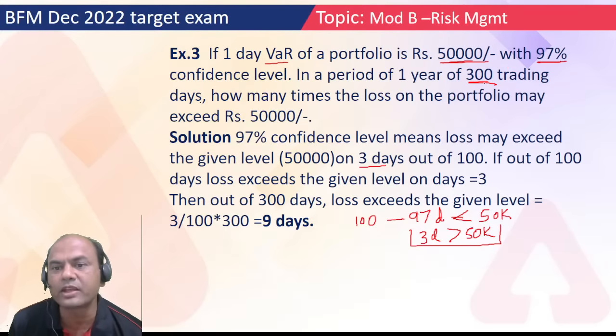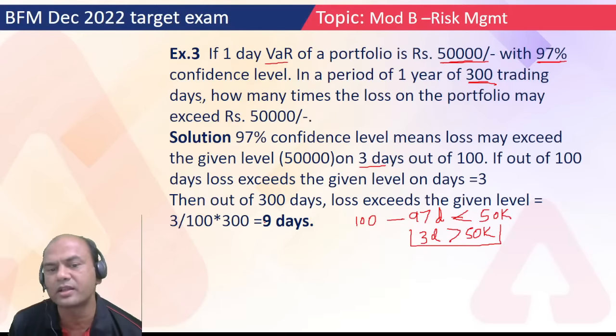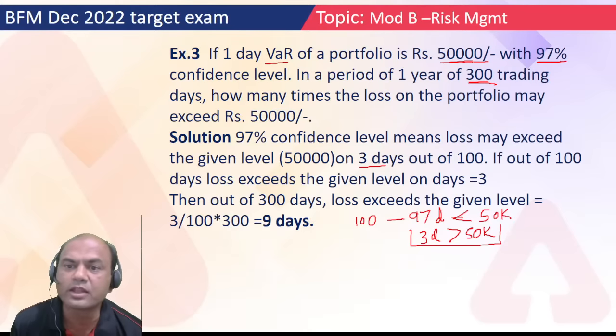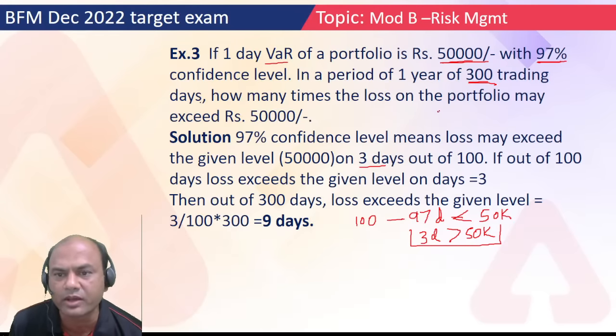Now if they give you the number of days in a year as 300, then you will get this answer. But now I'll ask you one other question. If the number of trading days in the year is given as 250, then what will be the answer? Who can give me the answer now?